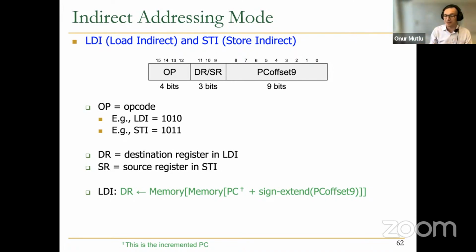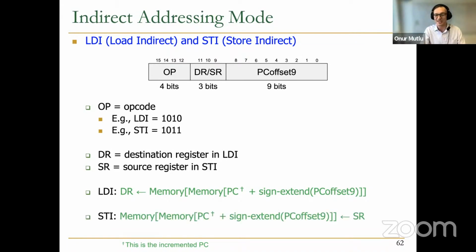So this is indirection, basically. We calculate a PC relative address, go to memory, treat the value in that memory location as an address, and go to memory again, and then get the data value. So there's a level of indirection involved over here, which is helpful for pointer chasing, as we discussed. And store is essentially the same, except it stores the value to that location.